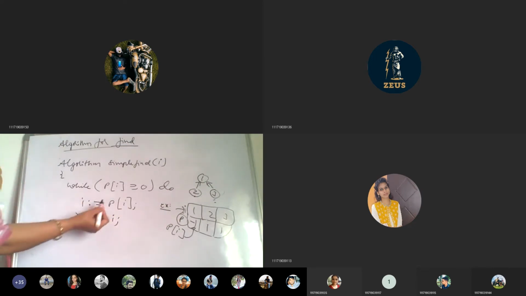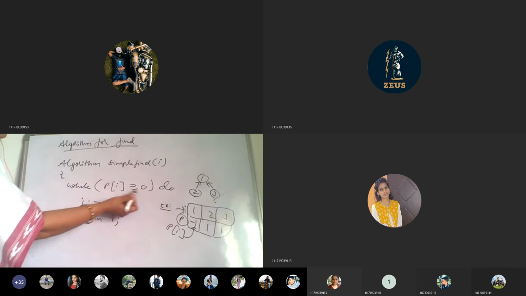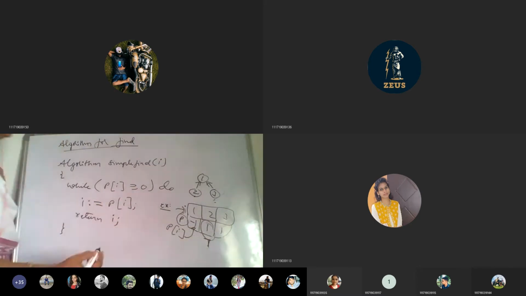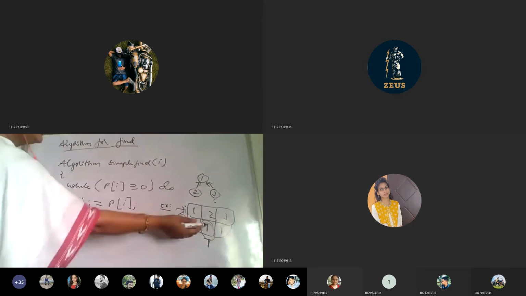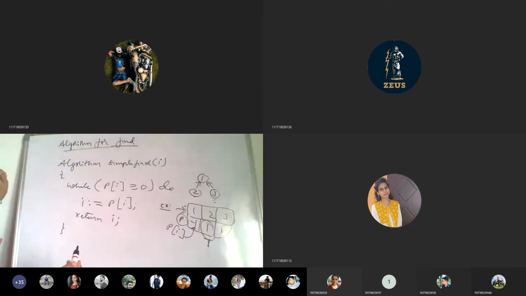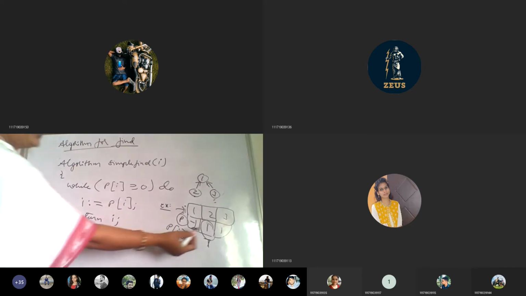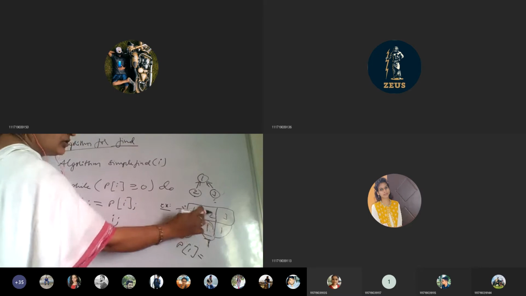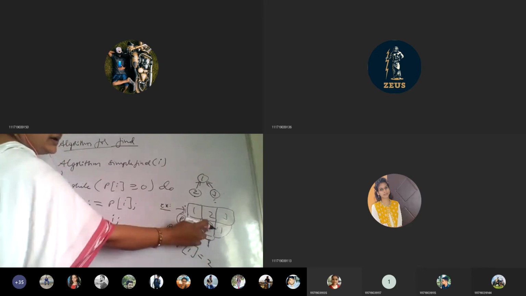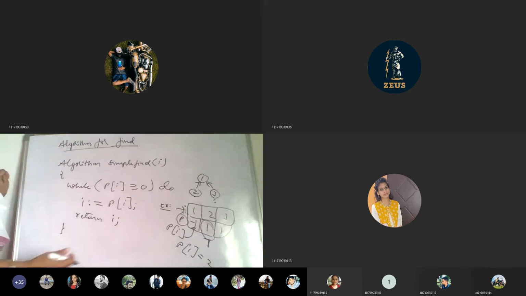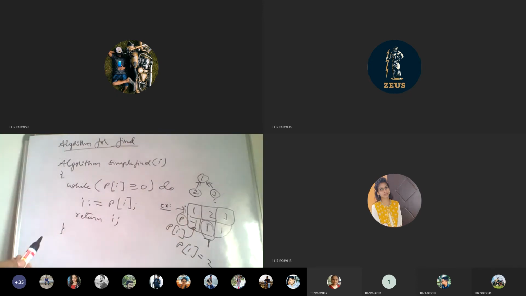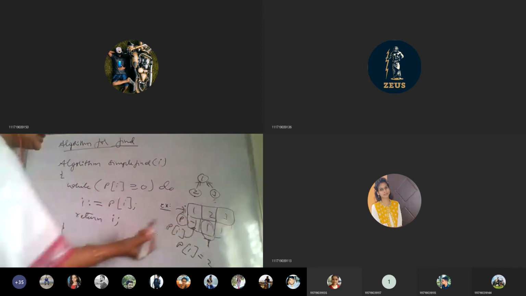Say suppose this is P of I greater than 0. So it is 1. And to which parent is it belonging? What is the I position of P of 1? Whose parent is it? Okay, 2's parent is 1.